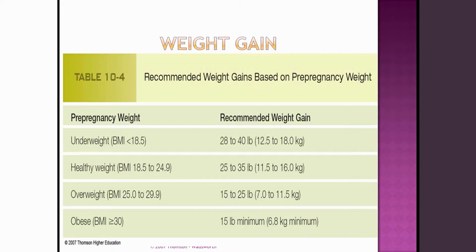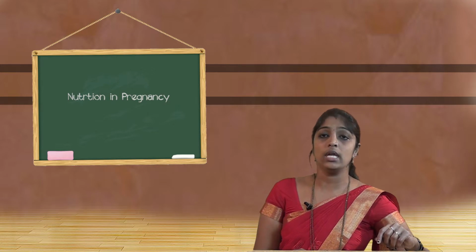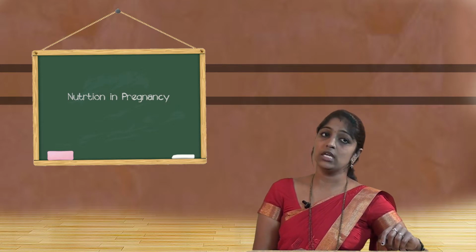Healthy weight is a BMI of 18.5 to 24.9, and they can go for an increase of 11.5 to 16 kg during pregnancy. Overweight women, with a BMI of 25 to 29.9, can go for 7 to 11.5 kg. Obese women, with a BMI more than 30 kg per meter square, can go for a minimum of 6.8 kg during pregnancy.